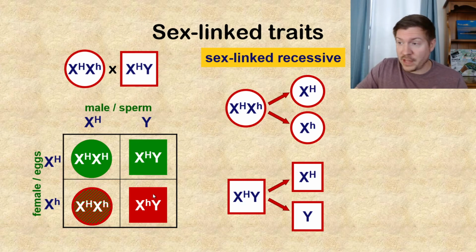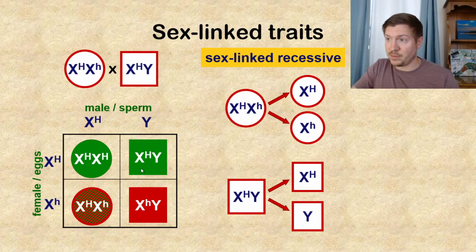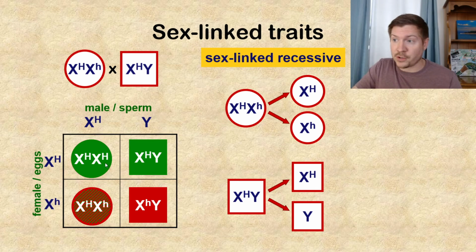And if that's the question, you ignore the daughters, just look at these two sons, right? One son has it, one doesn't, 1 out of 2, 50% of the sons would be expected to have hemophilia. If they asked about the daughters, it would be 0% of the daughters. All right, so we'll come back to these crosses.